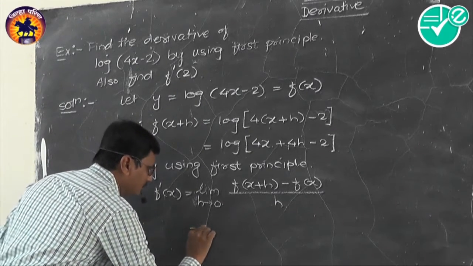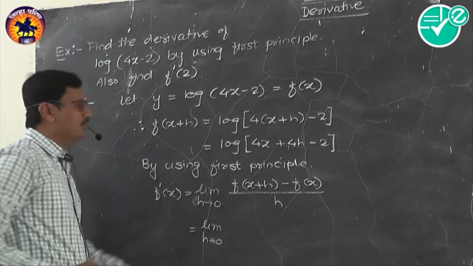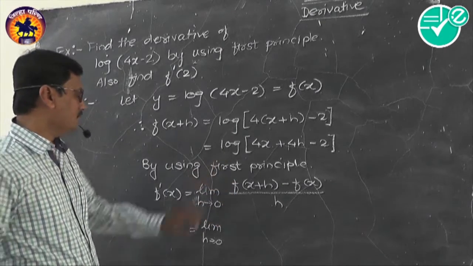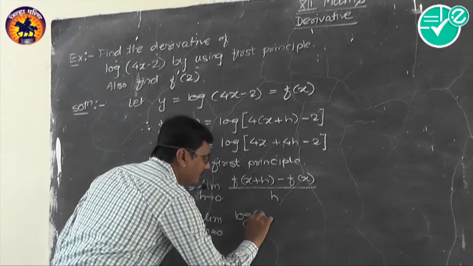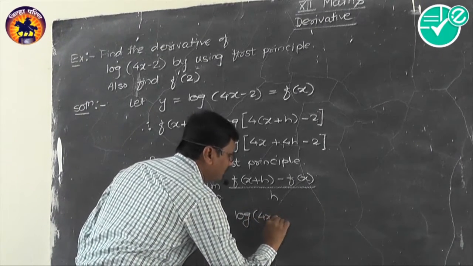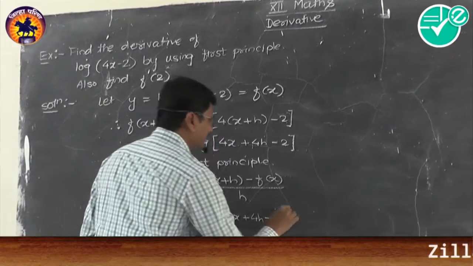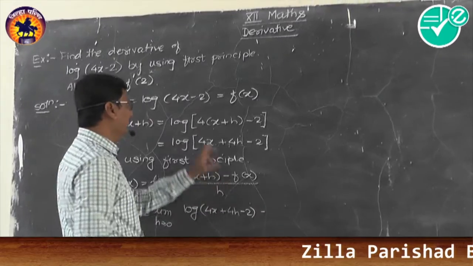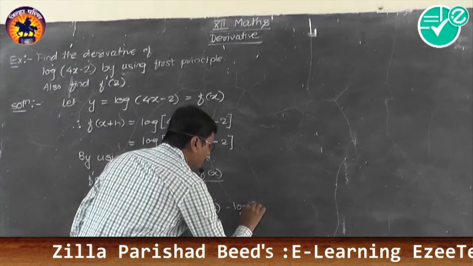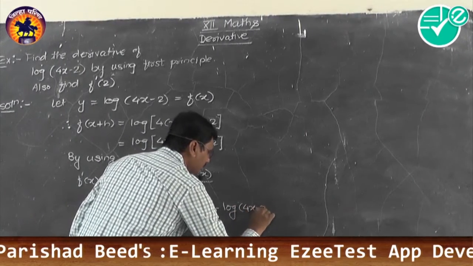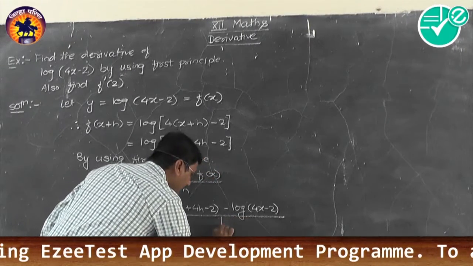This is equal to limit h tends to 0. Now put the value of f of x plus h. F of x plus h is log of 4x plus 4h minus 2, minus f of x, which is log of 4x minus 2, divided by h.